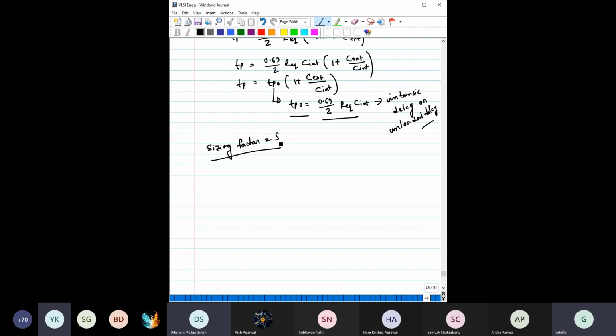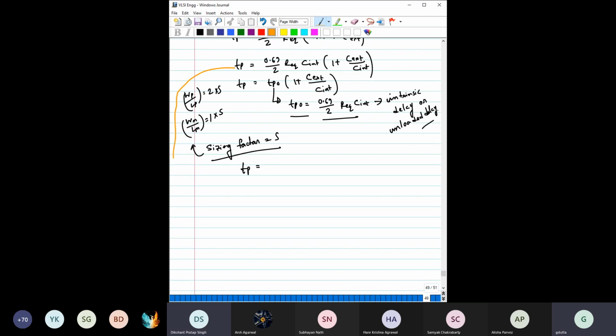It means if Wn by Ln is equal to 1 and Wp by Lp is equal to 2, then we have made it into S times. That is what is meant by the sizing factor. It means we have increased the transistor width by S times. Now if the sizing factor is S, then we want to estimate what would be the value of this TP. Can anyone tell me what would be the value of TP?